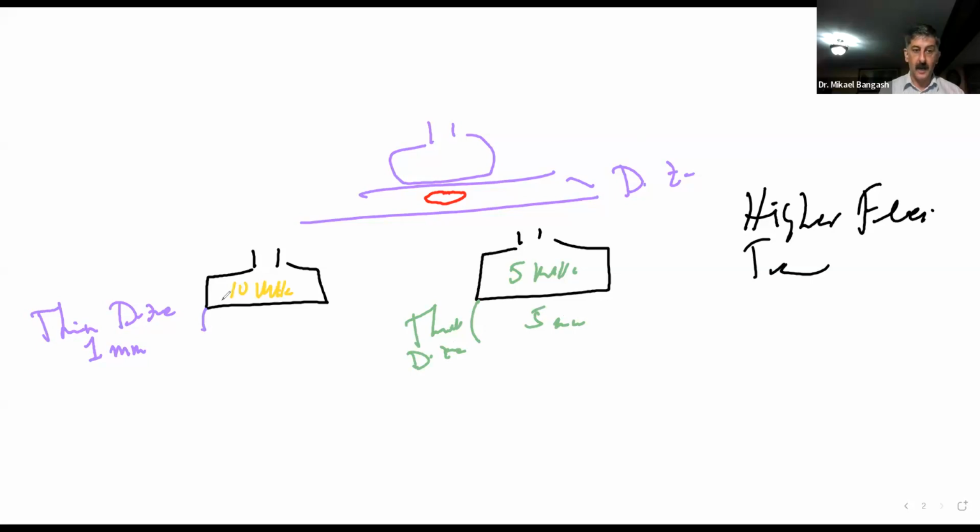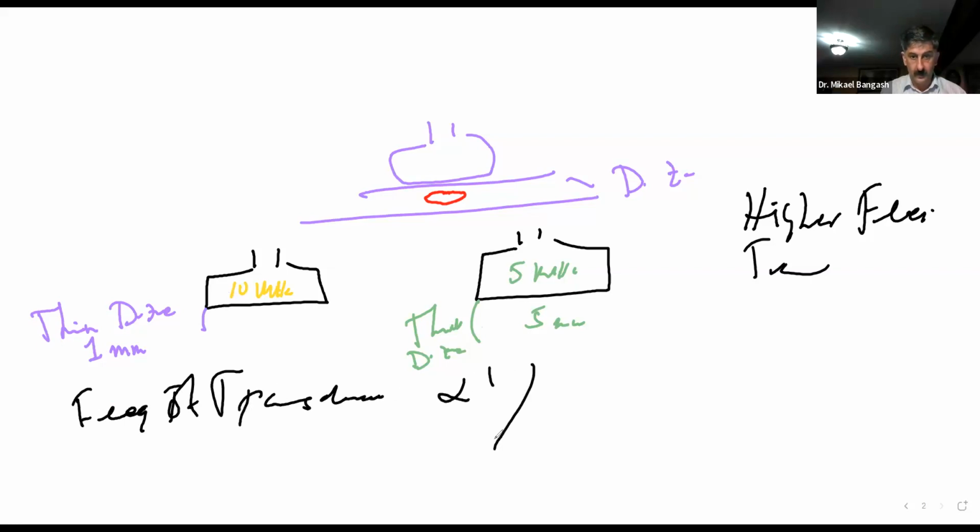So you can say the higher the frequency, the thinner the dead zone. The lower the frequency of the transducer, the thicker the dead zone. Or if you want to write it, the frequency of the transducer is inversely proportional to the dead zone thickness.